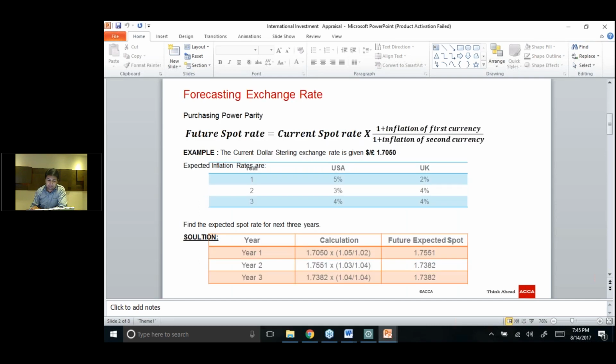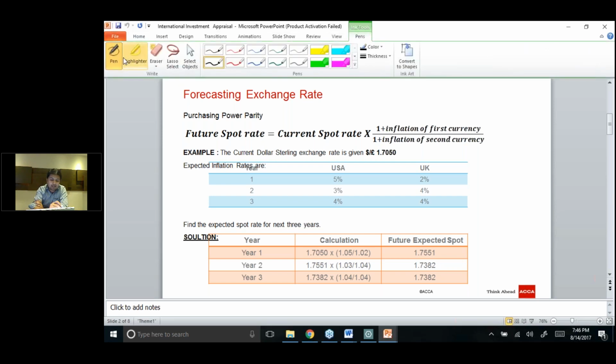There are 4 adjustments in this area. By having a grip on these assumptions, you can easily solve all the questions of international investment appraisal. So the first one is forecasting exchange rate. That is the very first assumption.